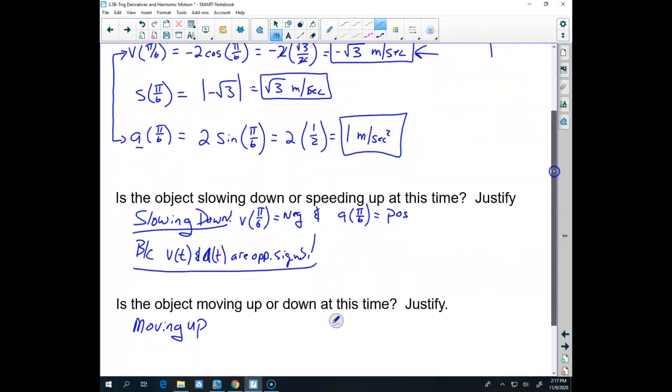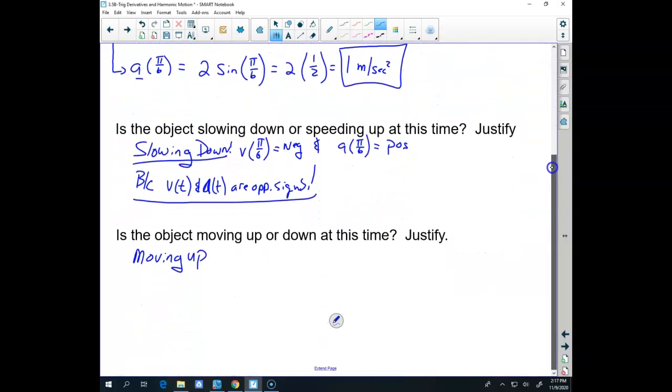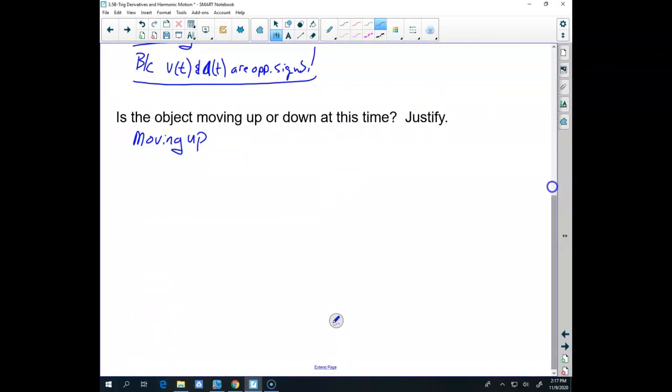And if the velocity is negative, what does that mean is happening to my position function? Moving up, because v of pi over 6 is negative, therefore position is decreasing, okay?